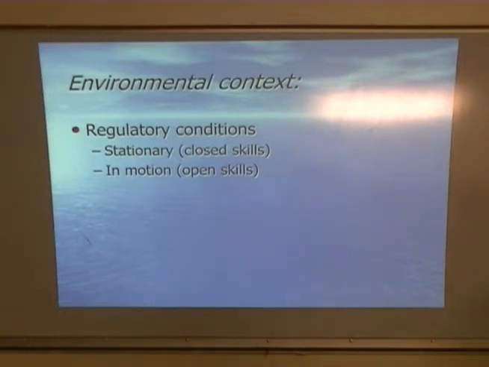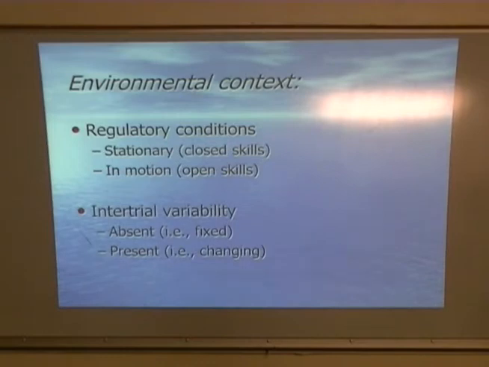So her second environmental context, which we don't have an option for under the single classification system, was intertrial variability, because she felt that just looking at whether the environment was stationary or in motion wasn't enough. There's more to it than that.